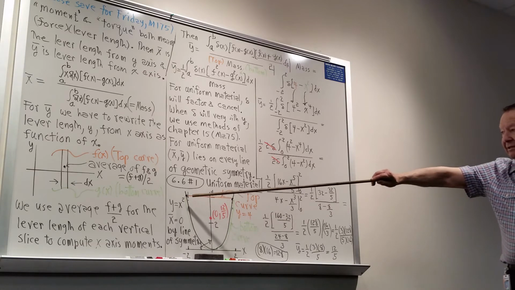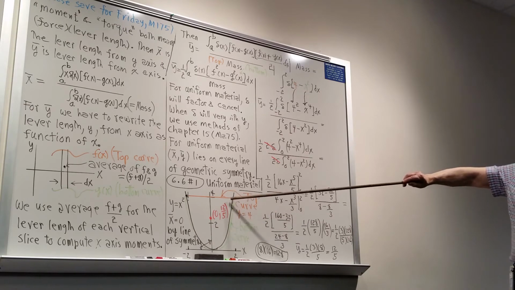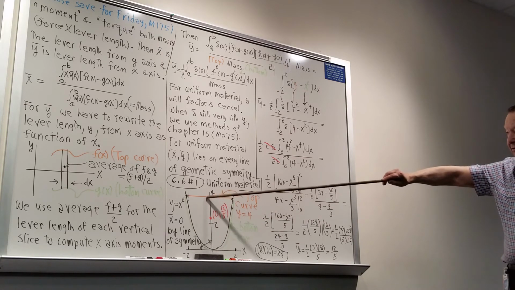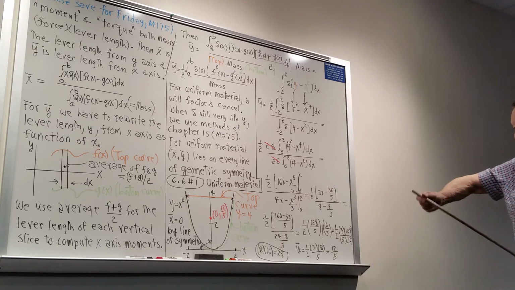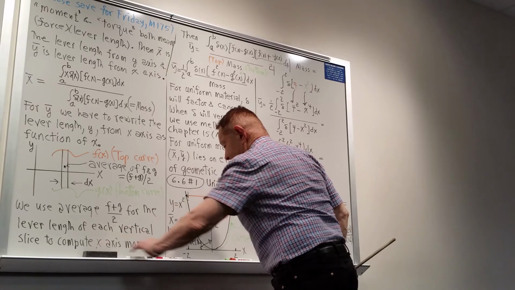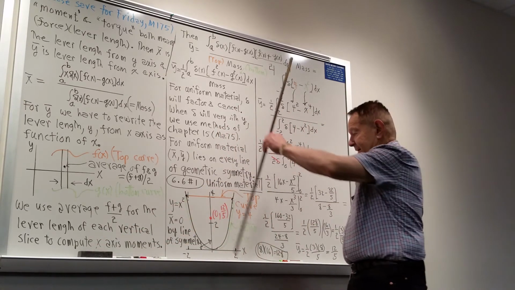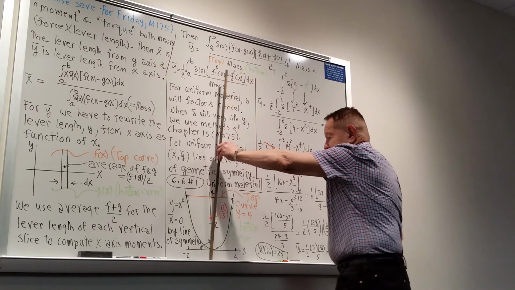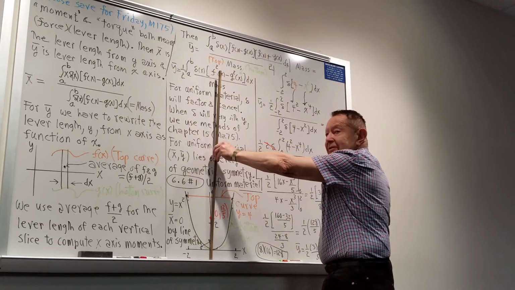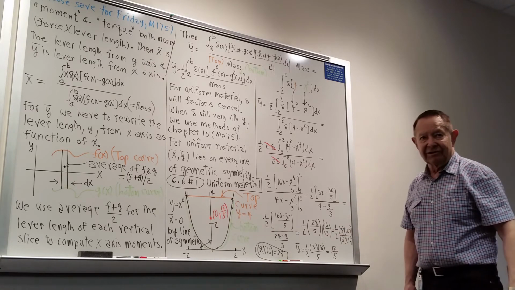Your region is enclosed by the x squared parabola from 0 up to 4, and it's uniform material. What they want is the center point of the area, really. And you can see the y-axis is your line of symmetry. So that says x bar is 0.